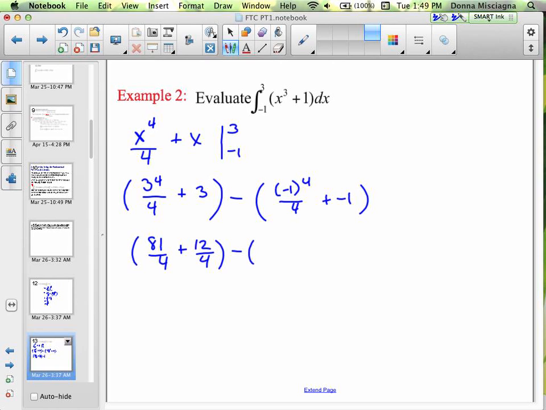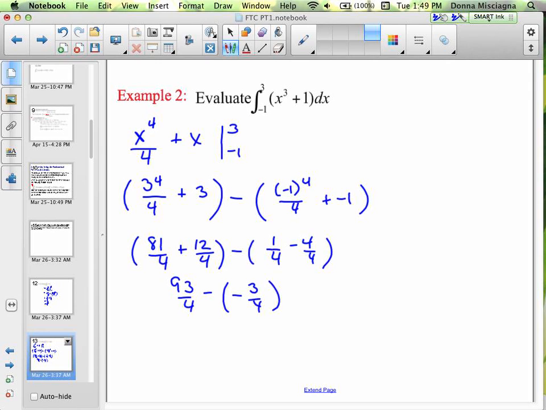If we raise -1 to the 4th power, it's going to be a positive 1/4, and then minus 4/4, so we can combine. So 81/4 plus 12/4 would be 93/4 minus. So 1/4 minus 4/4 would be -3/4, so we're going to have 93/4 minus -3/4.